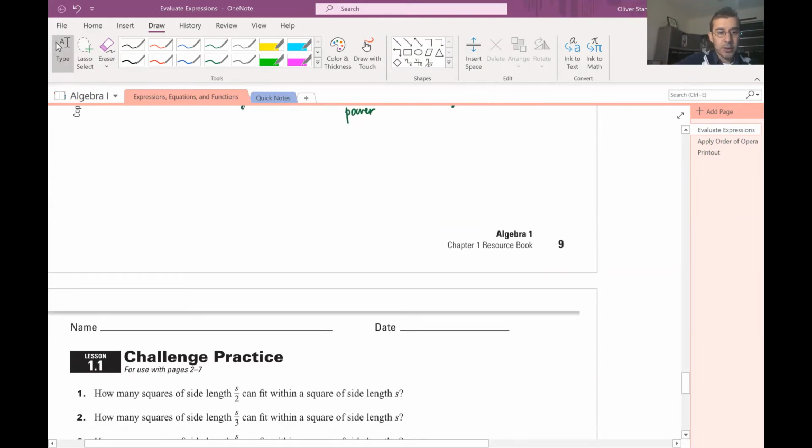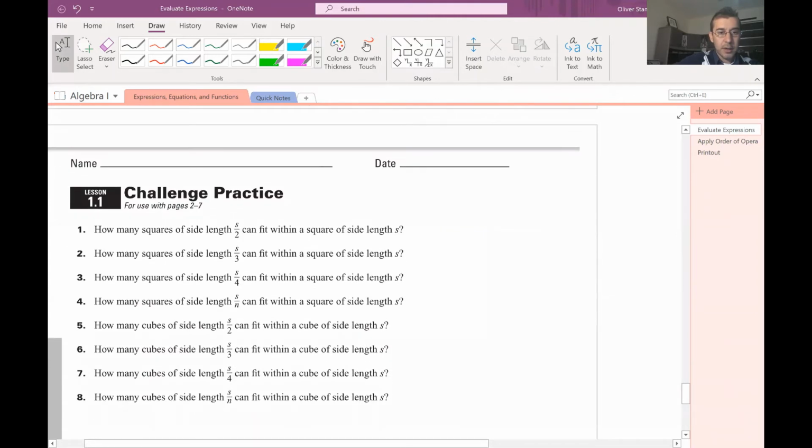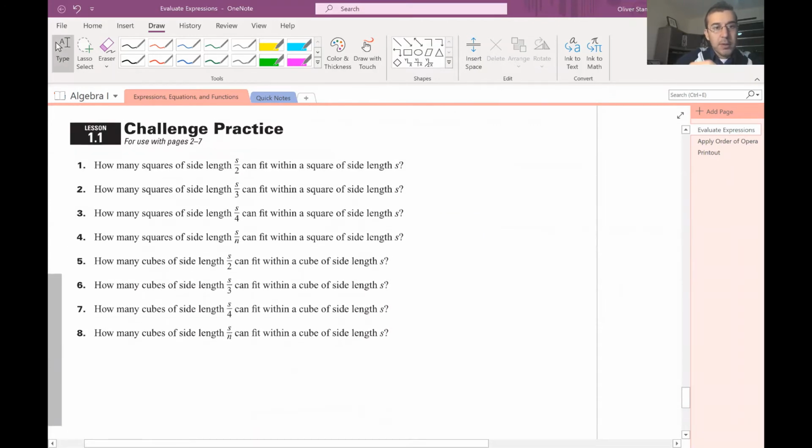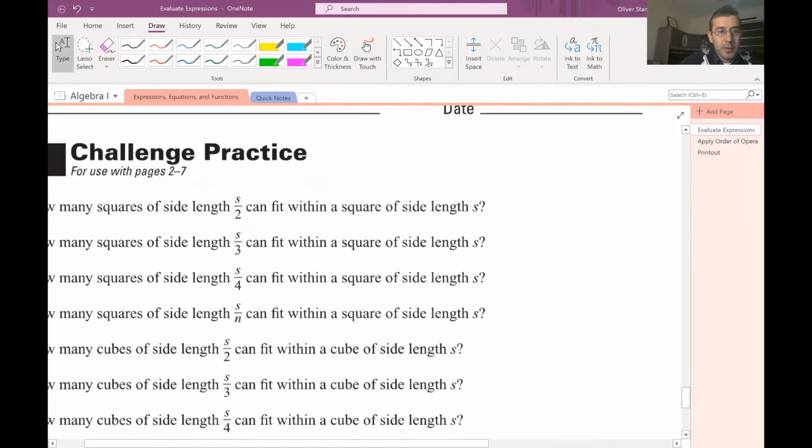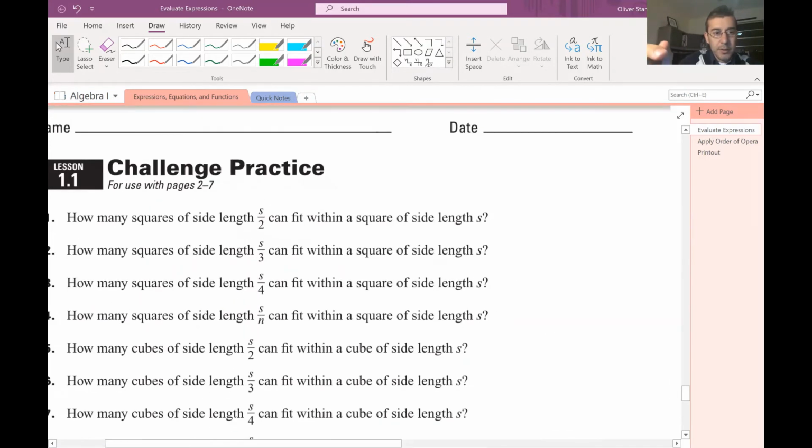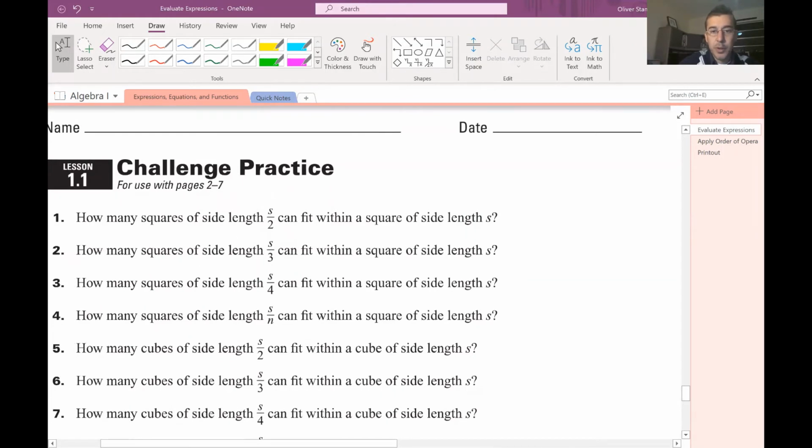And then challenge practice. There are about 8 problems. So the first one, let's take a look at the first one. How many squares of side length s half can fit within a square of side length s? So let's draw a square here with side s.